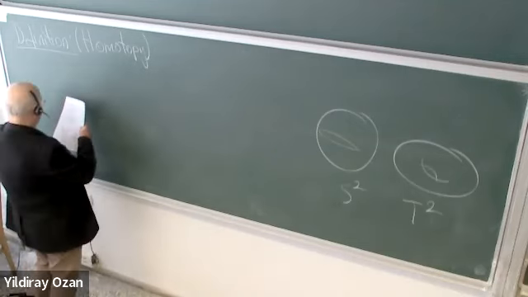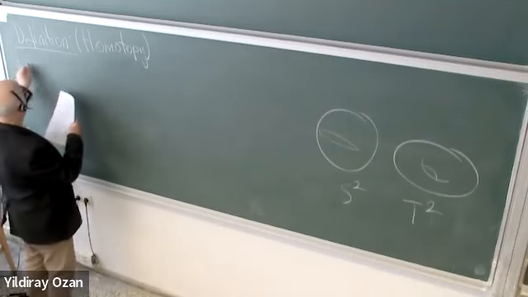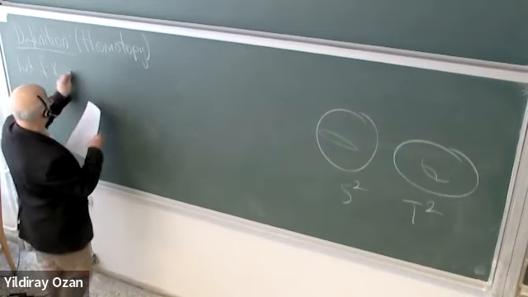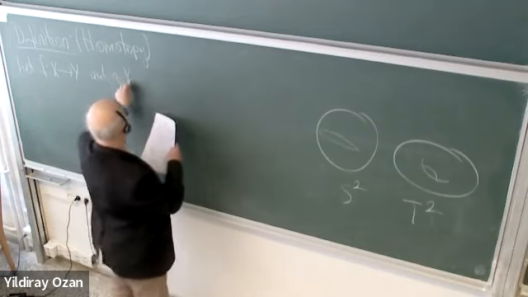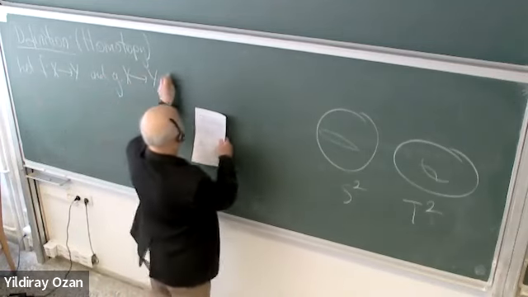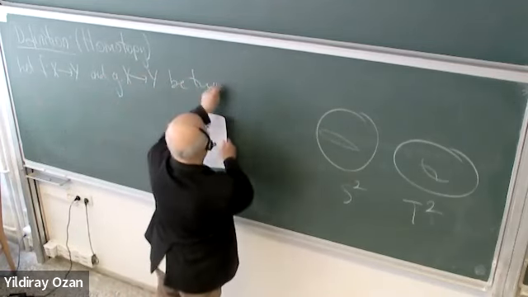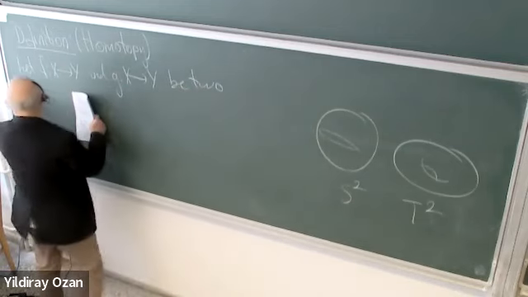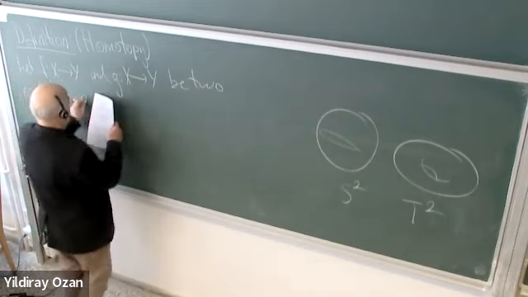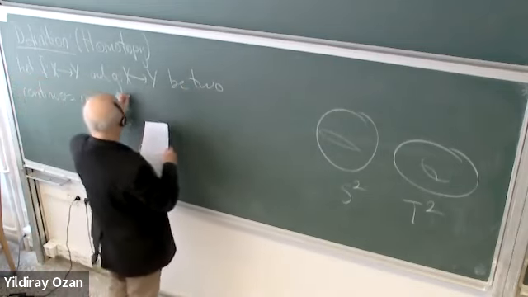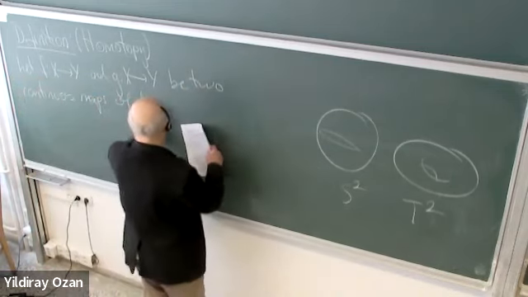So here is the definition of what a homotopy is. Let f and g be two continuous maps of topological spaces.